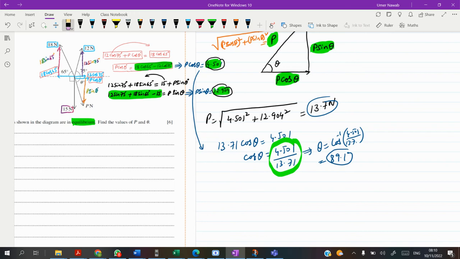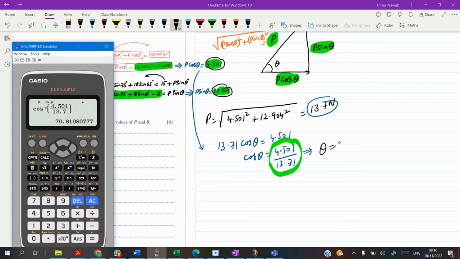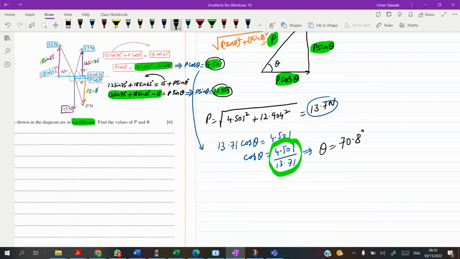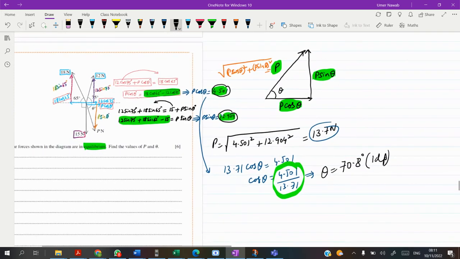So be careful, guys, when you are using the equation solver in the case of angles. Although it came to us like an acute angle, it wasn't an accurate answer. So it means we need to use this answer. So theta will be 70.8, which is matching with the marking scheme, one decimal place.